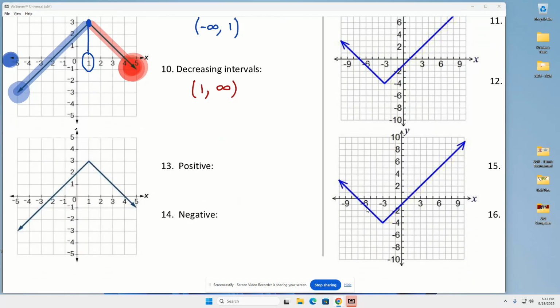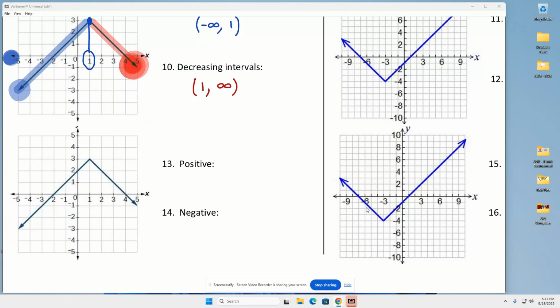Same graph. We're talking now about positive and negative intervals. Remember, positive and negative intervals is all about one concept. Where is it above the x-axis? Where is it below it? So if I think about above, well, it's definitely above it from here to here. Now remember, when we talk about this, we're talking about the specific places where it's crossing the x-axis.